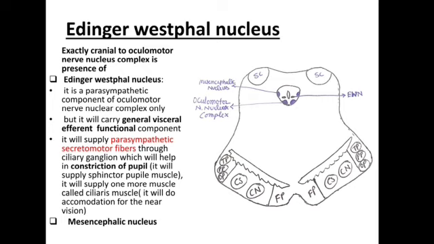It will supply parasympathetic secretomotor fibers through the ciliary ganglion, which helps in constriction of pupil. It will supply sphincter pupillae muscle. It will supply one more muscle called ciliaris. This ciliaris will do accommodation for near vision.